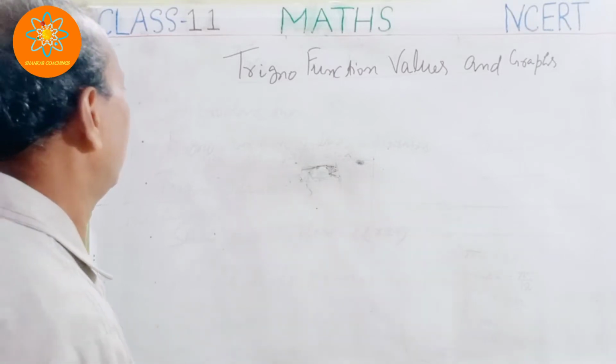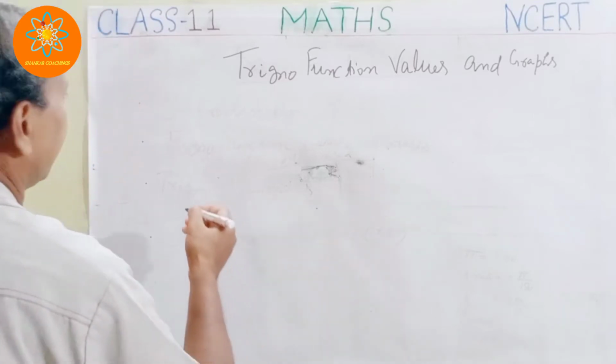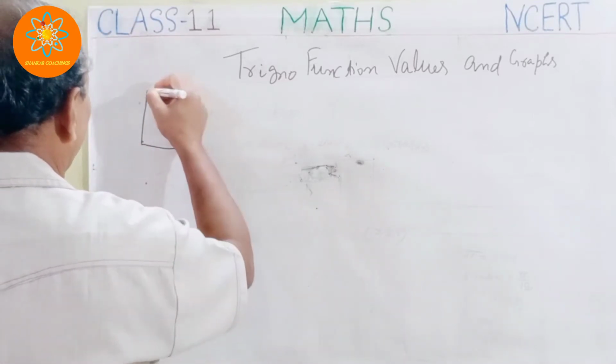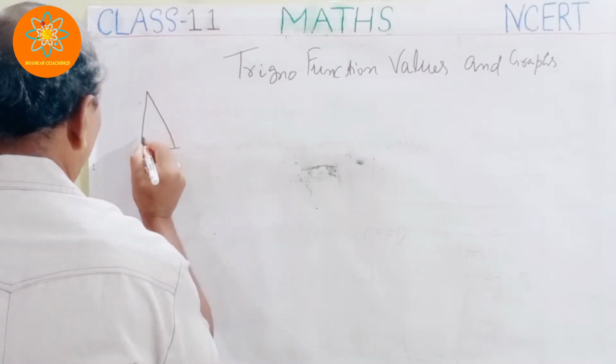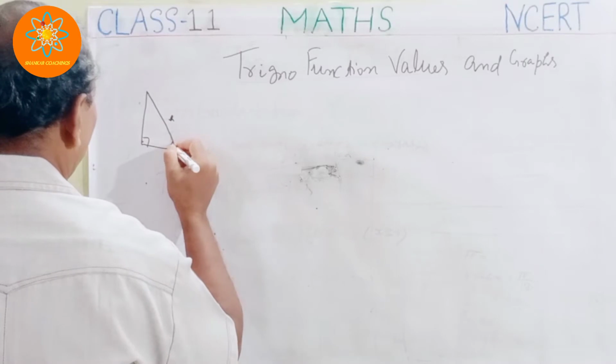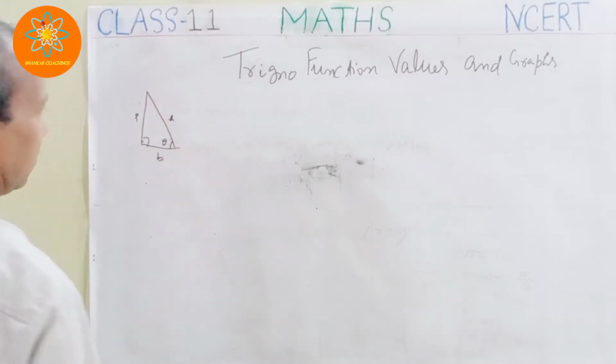For the trigonometric functions, we'll take the ratio to define sine theta, cos theta, tan theta and other trigonometrical ratios. So I'm taking a right angle triangle. Suppose this one is the right angle triangle. This one is 90 degrees. This is your hypotenuse. This angle is suppose theta. So this is the perpendicular and this is the base.